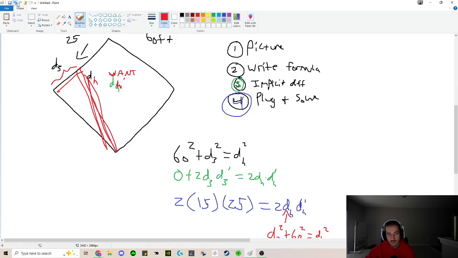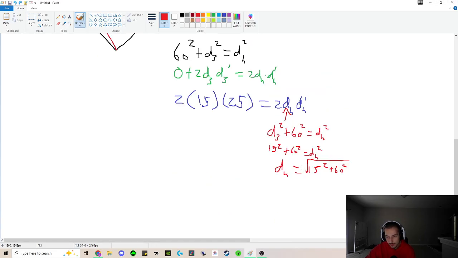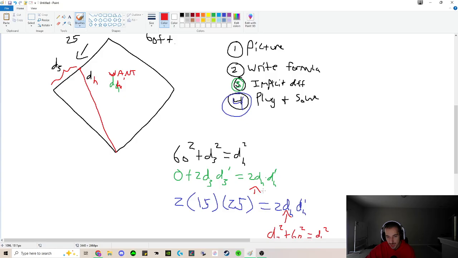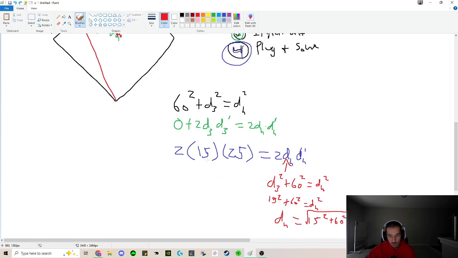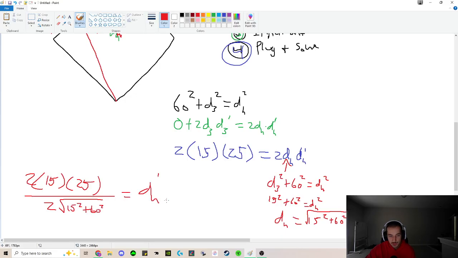Perfect. Now that we've solved it, we just pop that in here and we're done. So 2 times 15 times 25 divided by 2 root 15 squared plus 60 squared is going to be dh prime.